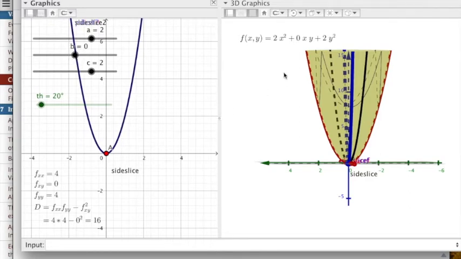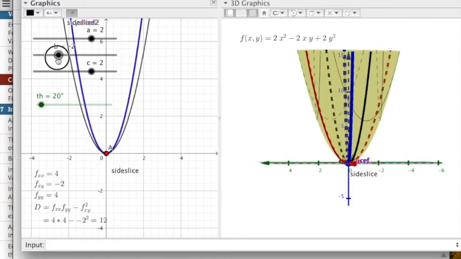If we want to do it algebraically, we take the second partial derivatives with respect to x, the mixed partial with respect to x and y, and the second partial with respect to y, and compute this discriminant. If the discriminant is positive, that means we have either a maximum or a minimum, and we look at the second partial with respect to x to see whether it's a maximum or minimum.